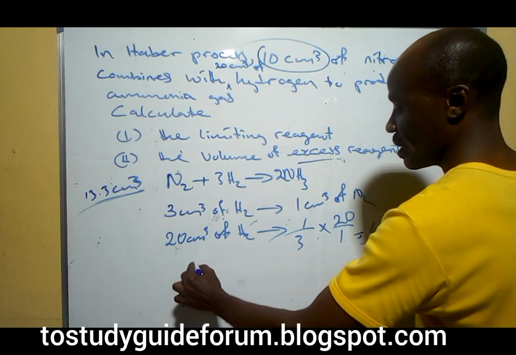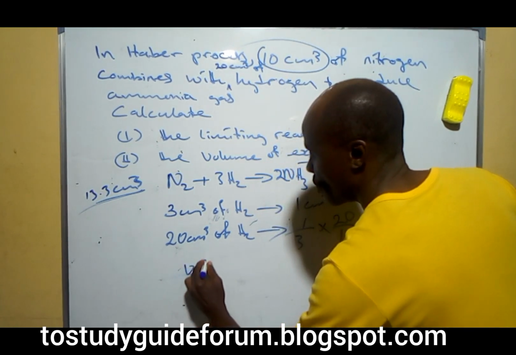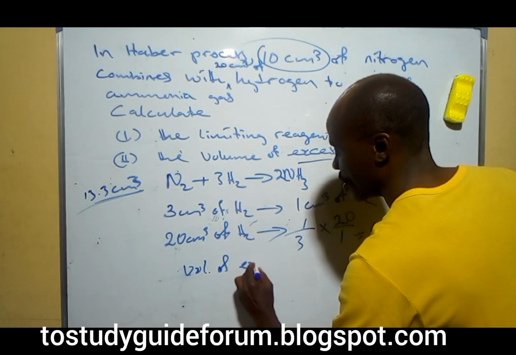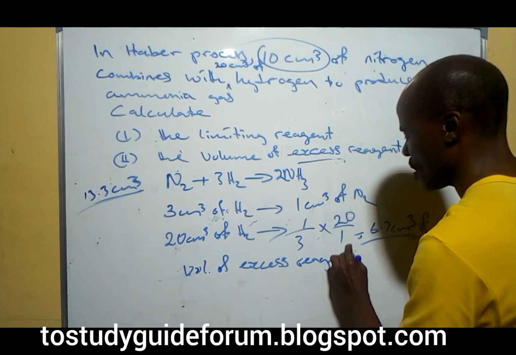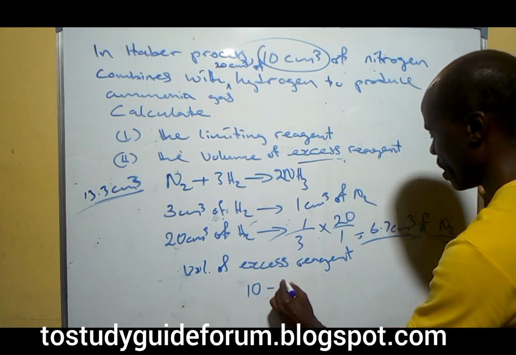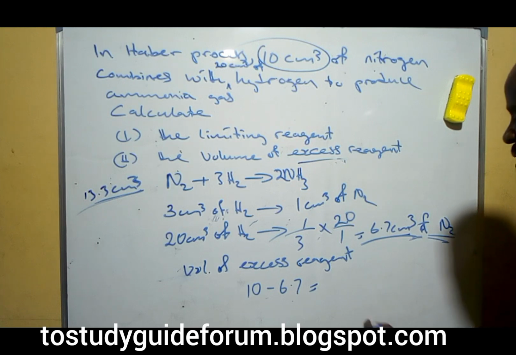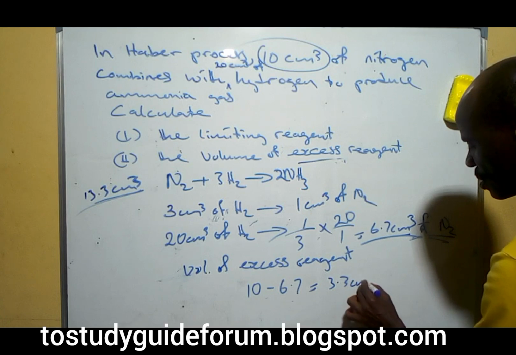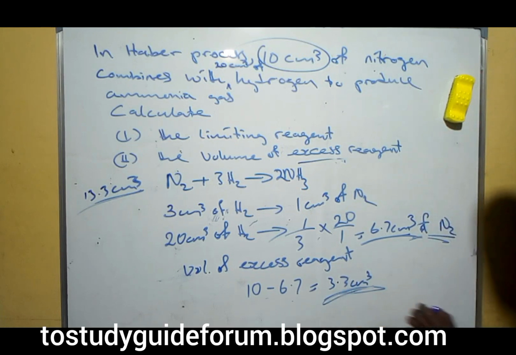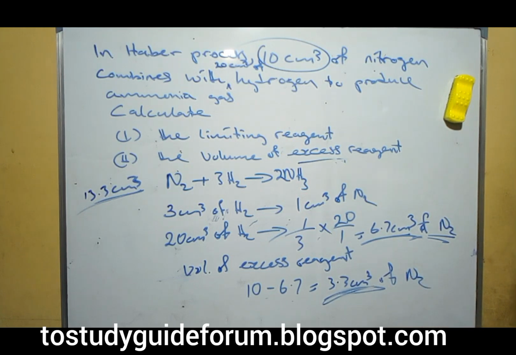The volume of excess reagent will then be 10 cm³ minus 6.7 cm³, which gives us about 3.3 cm³ of nitrogen which will not react. That means the excess reagent is nitrogen.